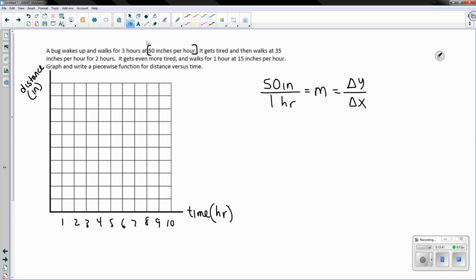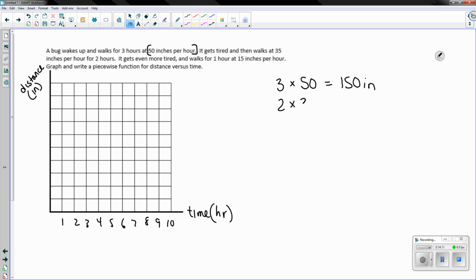So that indicates for those first 3 hours, remember that 50 inches per hour is a rate of change. So it's not telling you how far you've gone over the total 3 hours. It's just saying per hour you've gone 50 inches. So for 3 hours times those 50 inches per hour, we've now traveled 150 inches in the first 3 hours. For the next one, it gets tired, walks 35 inches per hour for 2 hours.